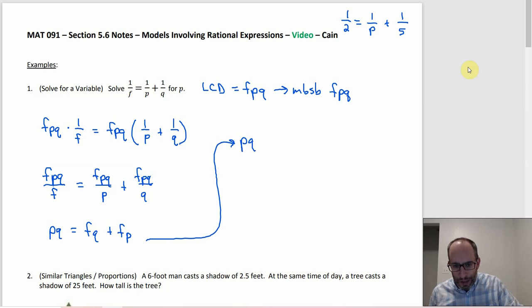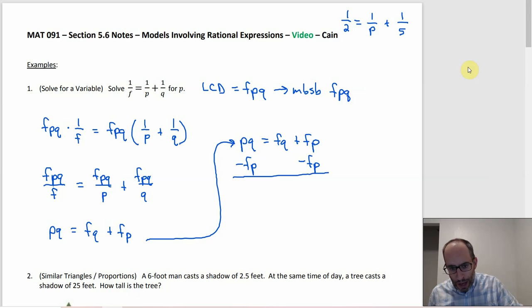So we're trying to solve for p. What I would think you'd want to do here is get everything with a p in it on one side. So I'm going to subtract fp from both sides, and that way I'll have both terms that have a p in them on the left. So I'll have pq minus fp equal to fq.